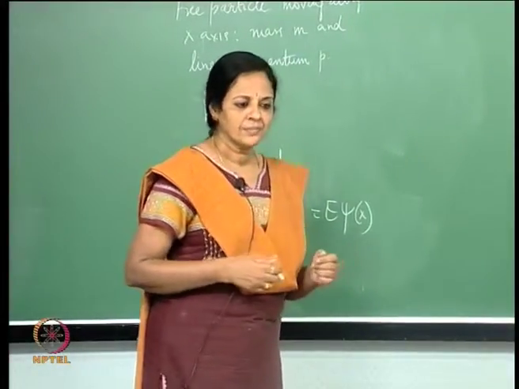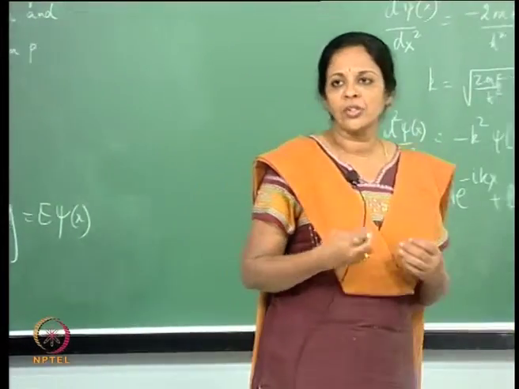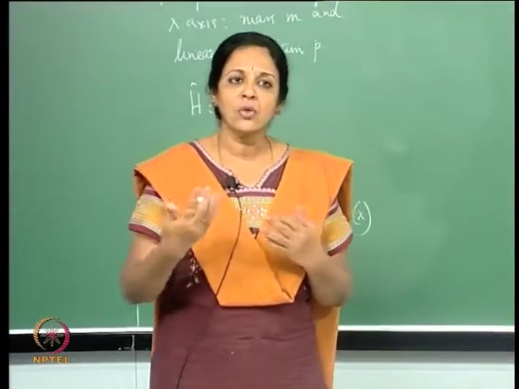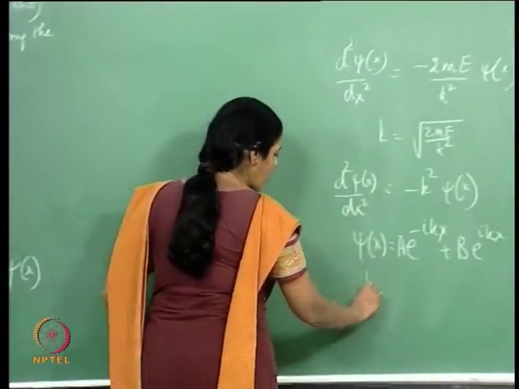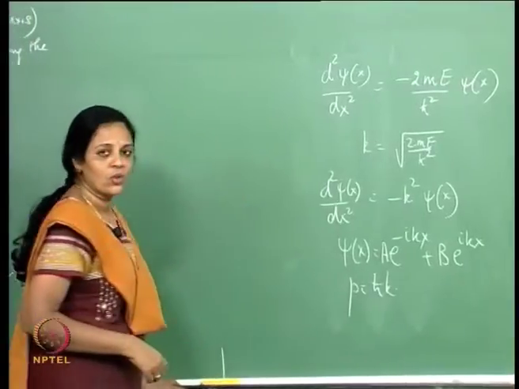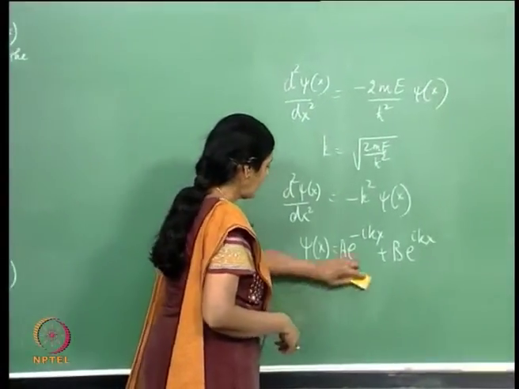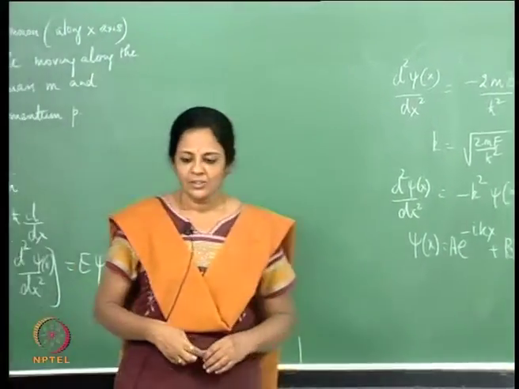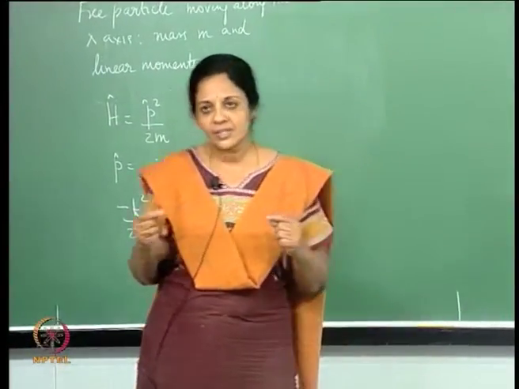This is simply a fallout of the de Broglie hypothesis, that matter has harmonic waves associated with it. The momentum p would be h cross k, and in general E would be h cross omega, where omega is the angular frequency. So this is the solution to the eigenvalue problem for a free particle moving along the x axis.